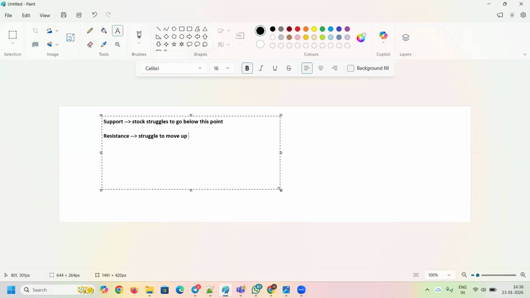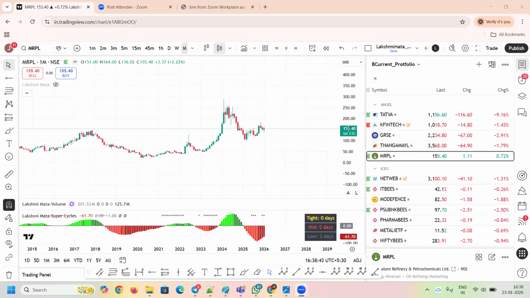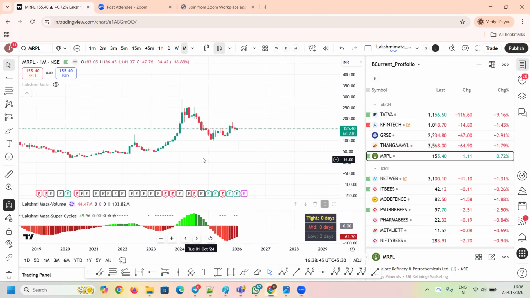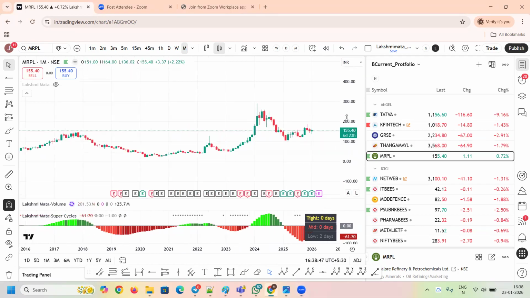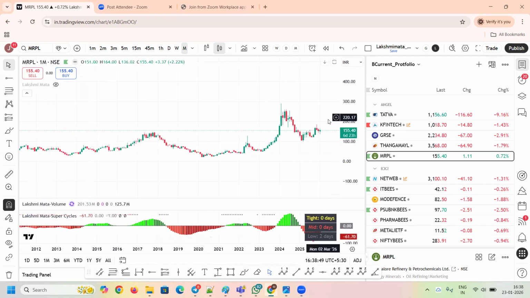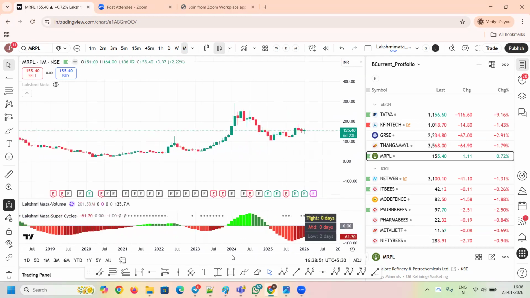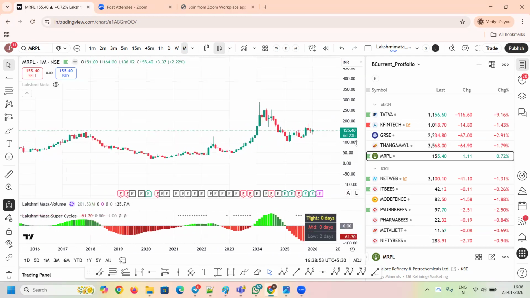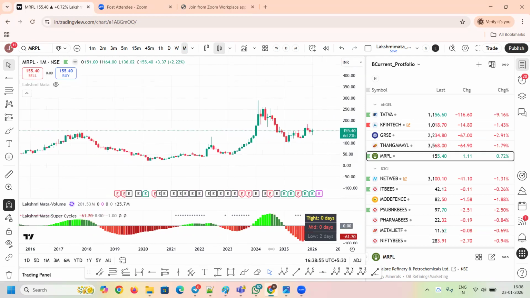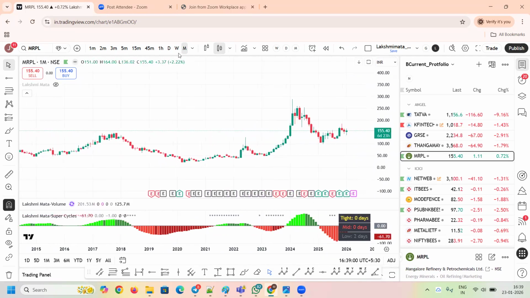So what it means, to draw support and resistance lines, we have to go to the monthly chart for a better understanding. I'm opening the stock MRPL on the monthly chart.